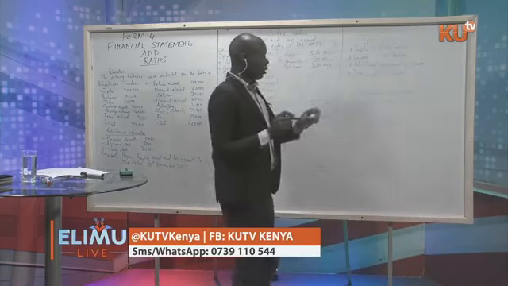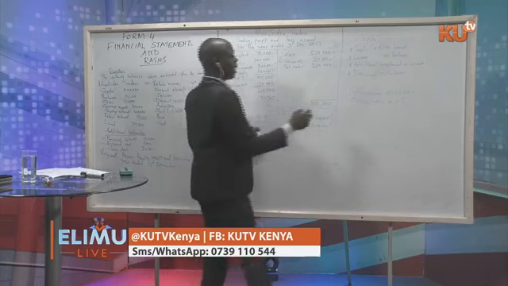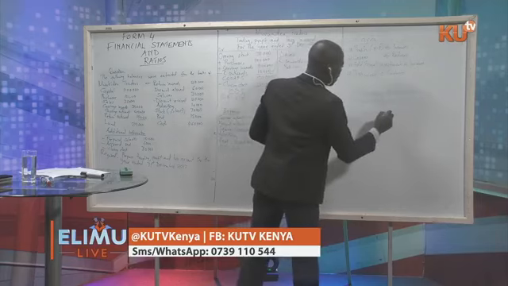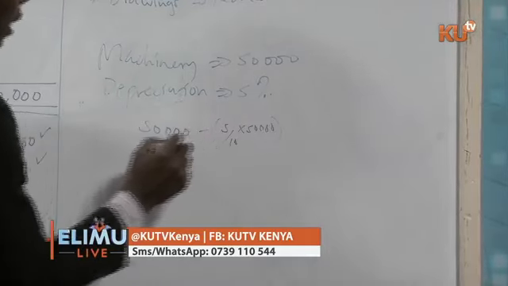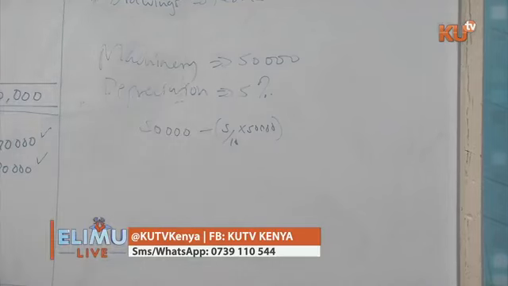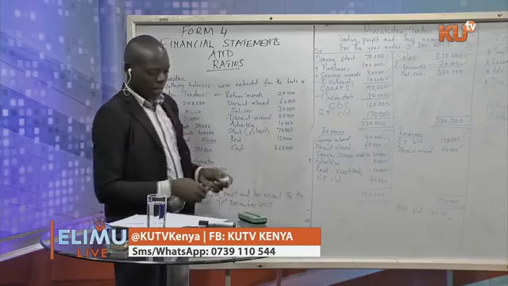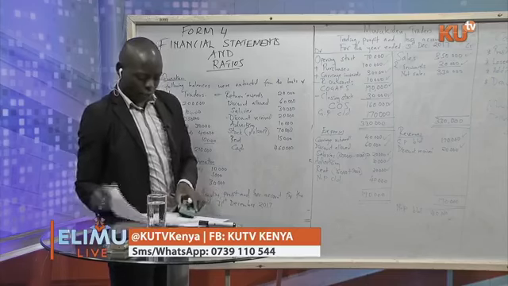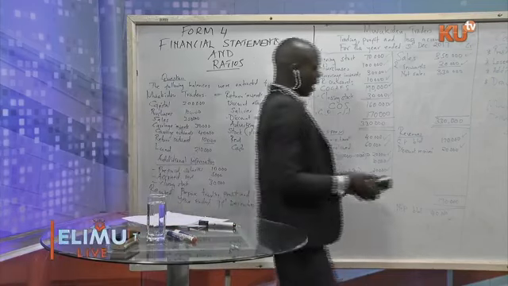Then to transfer machinery to the balance sheet, because that is an asset, you take the balance of the machine, 50,000, and minus 5% of 50,000. That is what you'll enter in the balance sheet. 50,000 less 5% to be now transferred to the balance sheet. So that is what we need to understand in this case of preparation for the trading profit and loss account.